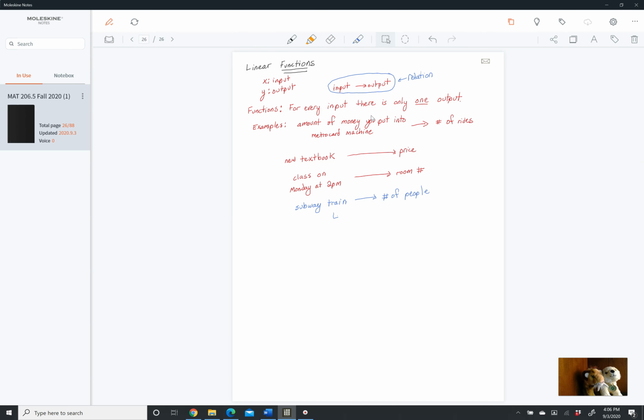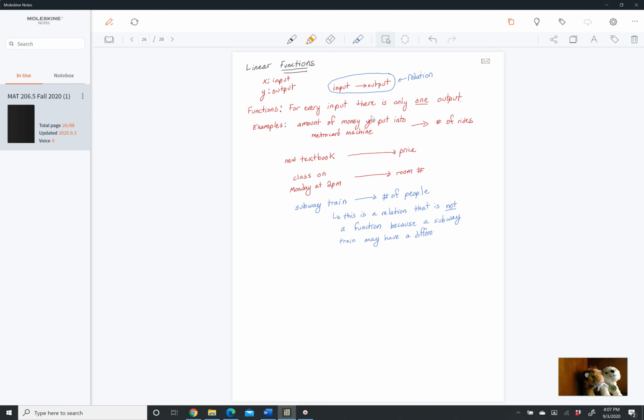Okay, this is a relation that is not a function. And I say that because a subway train may have a different number of people depending on the time of day.